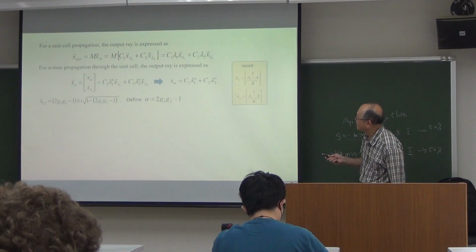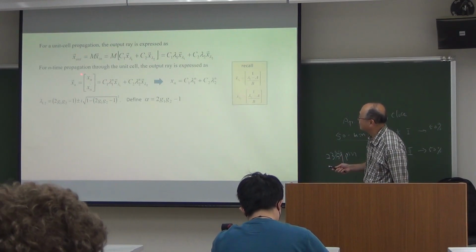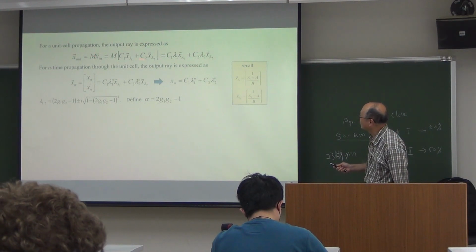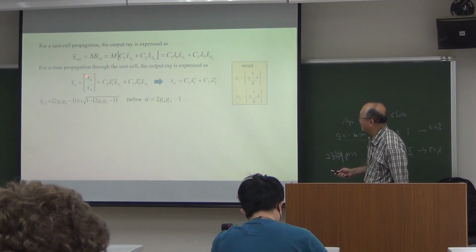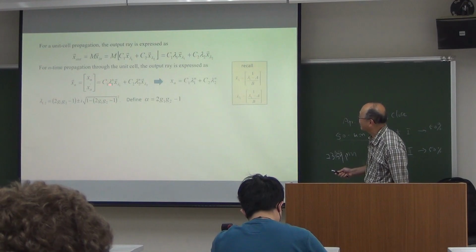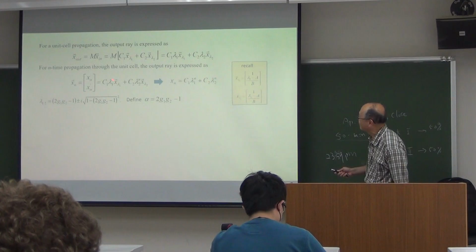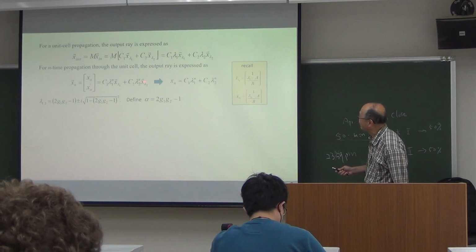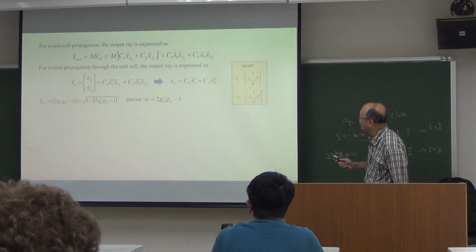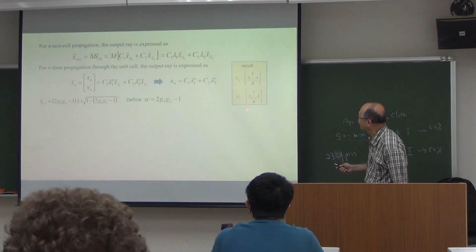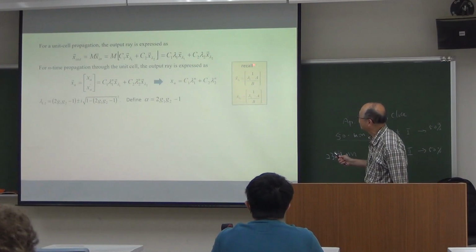If you do a round trip propagation, this is just one round trip, you end up having this. But after n round trips, you end up having the eigenvalue to the power of n. From this, you can write this down, because you have this to start with.